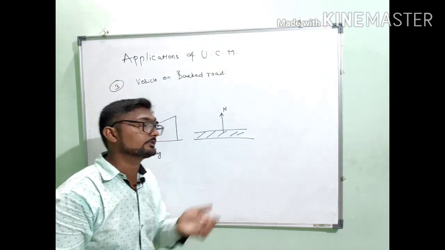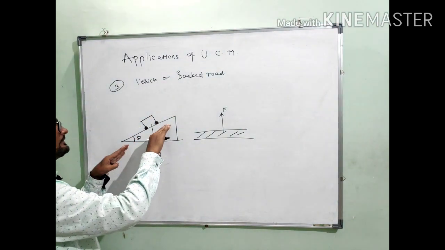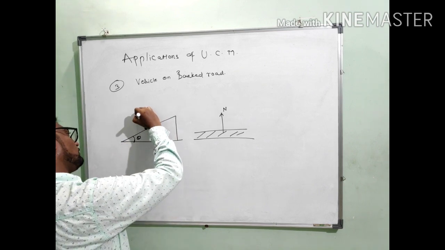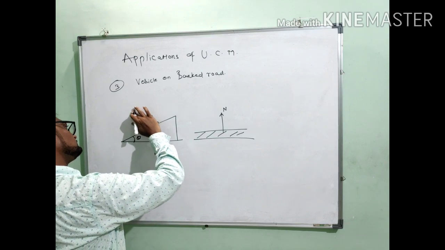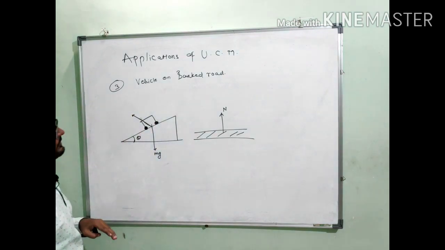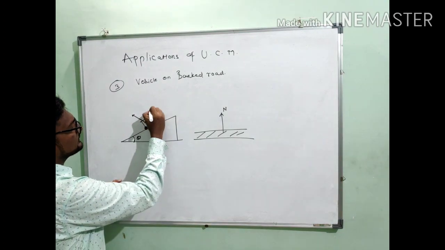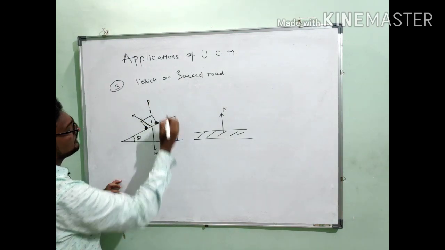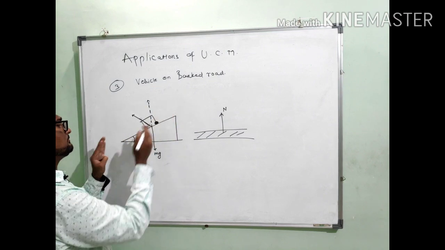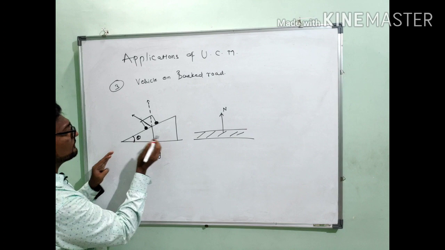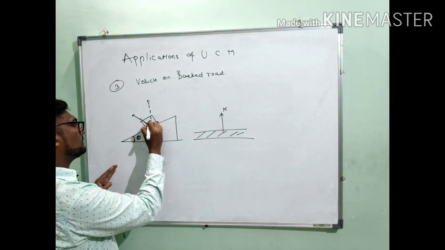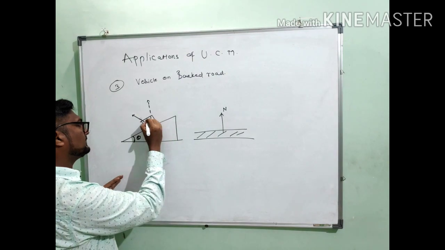Now this horizontal surface is tilted like this. Normally it is over here, but since the surface has tilted by angle theta, our normal has also displaced its direction by theta.